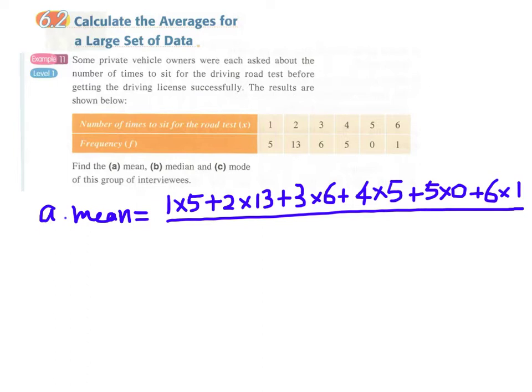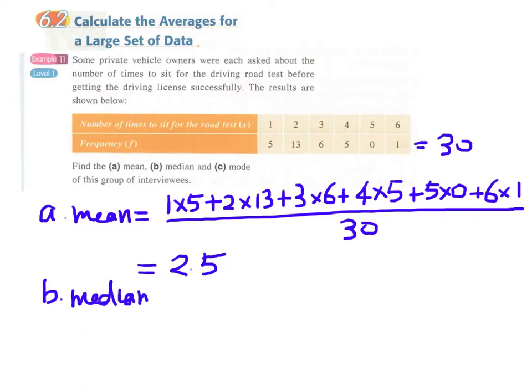And then divided by, if we sum up all those frequencies, we have 30 interviewees. Therefore, divided by 30. And we have 2.5.